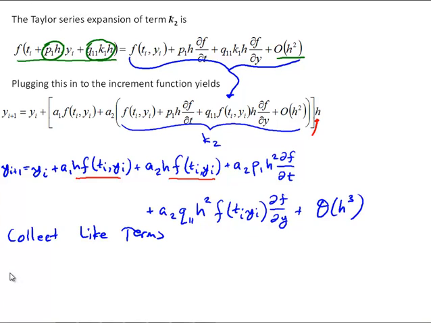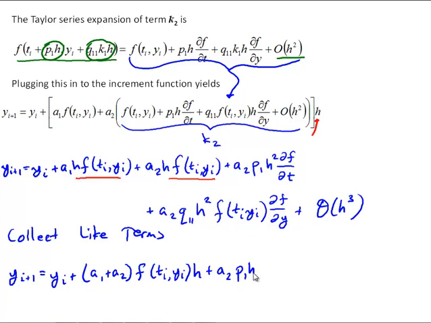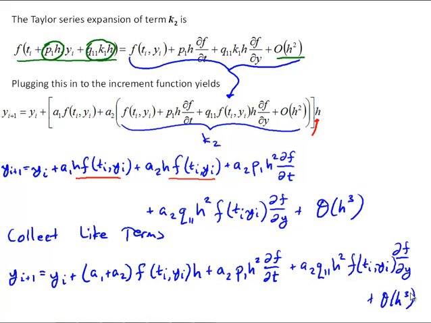And so we get yi plus 1 is equal to yi plus a1 plus a2 times f at ti yi times h plus a2 times p1 times h squared times df dt plus a2 times q11 times h squared times f at ti yi times df dy plus terms order h cubed and higher. And let's call that equation 2. And what we're going to do is compare equation 2 to equation 1.